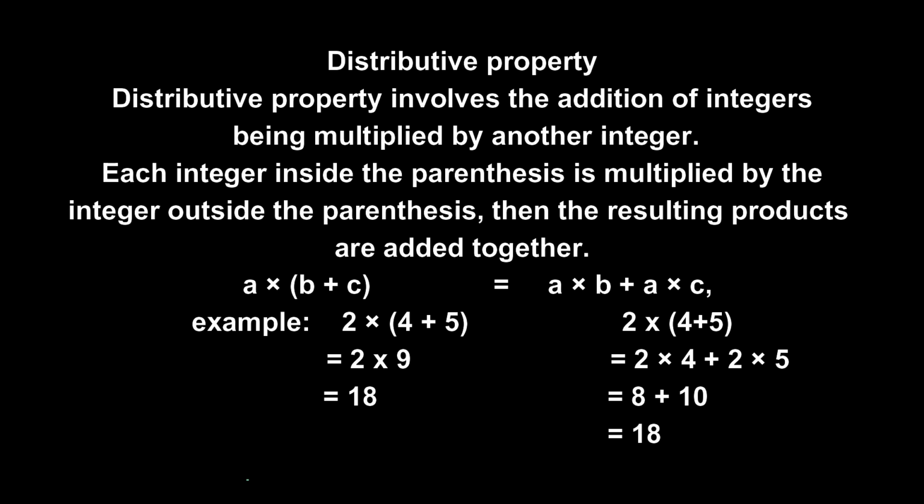Now let's see with the different method using the distributive property. 2, which is outside the parenthesis, is to be multiplied by 4 and also multiplied with 5. So 2 multiplied by 4 plus 2 multiplied by 5. 2 multiplied by 4 gives me 8, and 2 multiplied by 5 gives me 10.